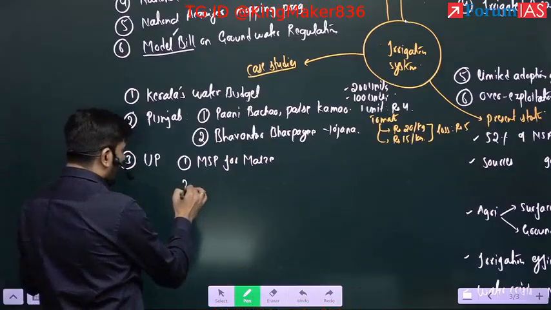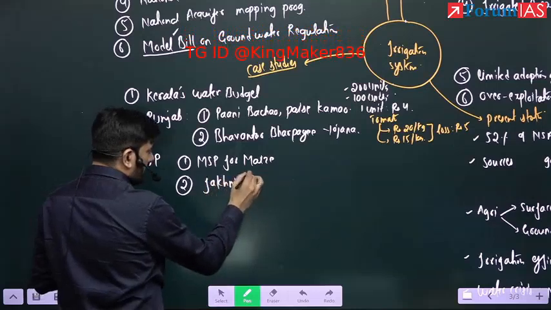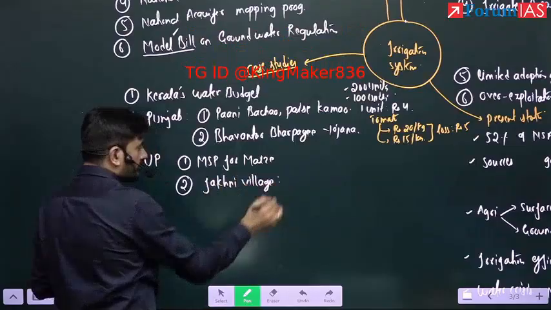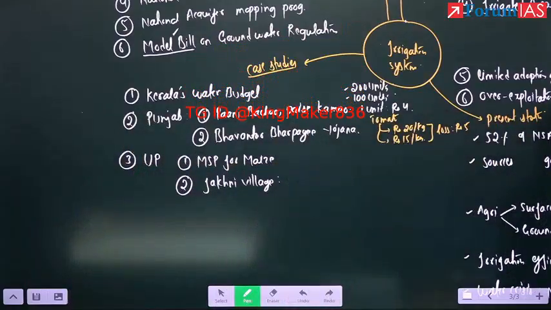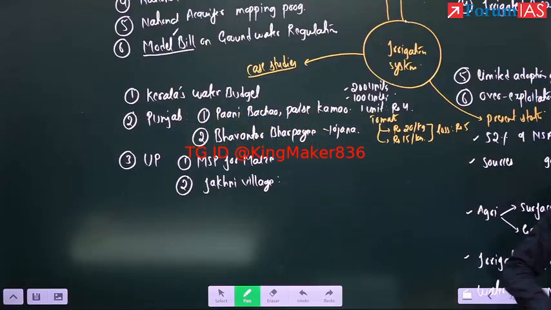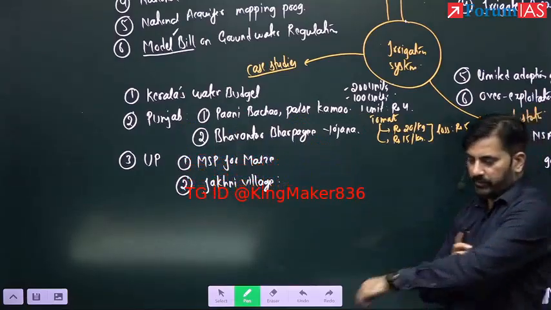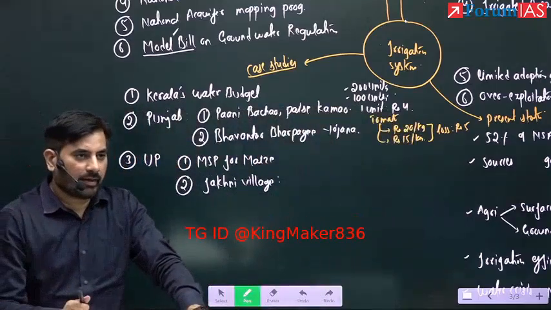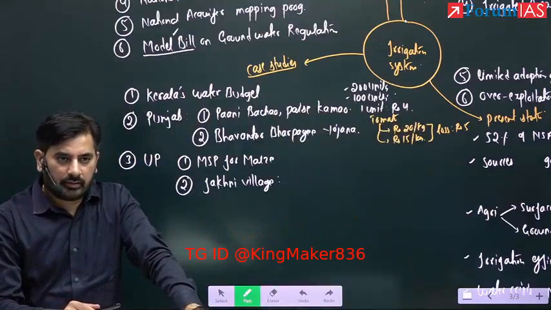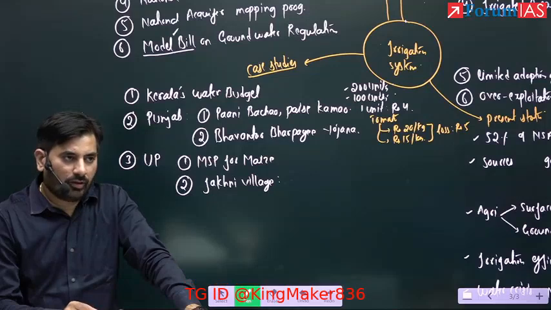Not just that, in UP, there is a village, Jakhni village. Jakhni village, put a hyphen and write: cultivation of basmati rice through rainwater harvesting.